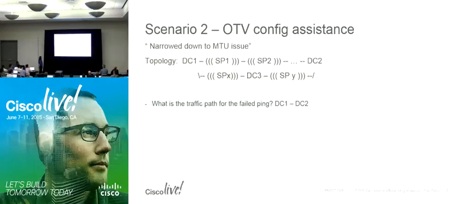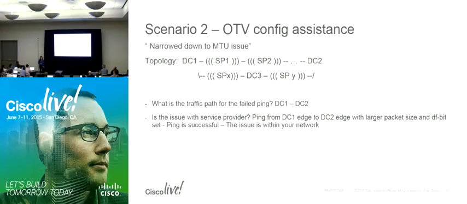What is the traffic path? That would be the first question. To narrow down the traffic path, we know it's data center 1 and 2, so let's focus on that path. Is it an issue with the service provider? I think most of you probably have the same question, because once it gets to the provider, you have to open a case with them. That's a lot of additional overhead.